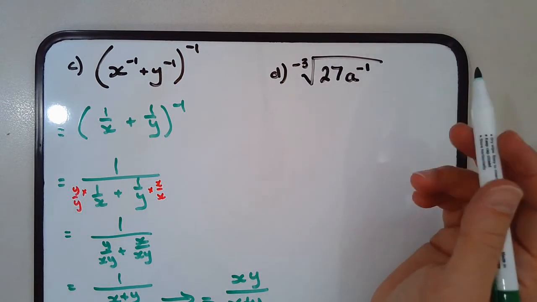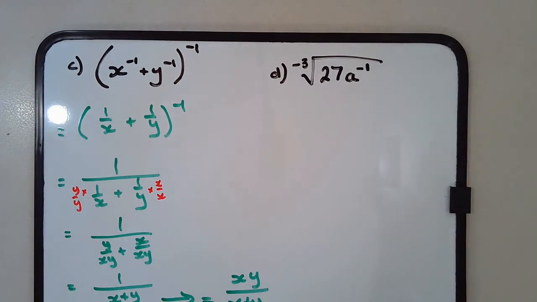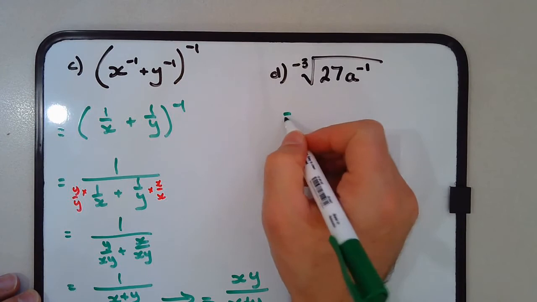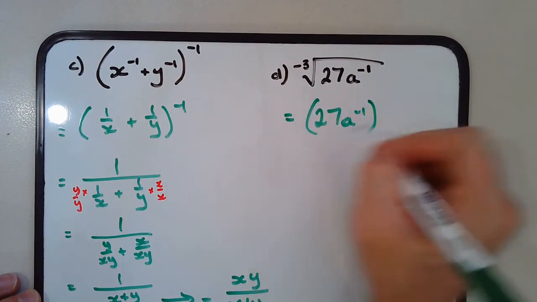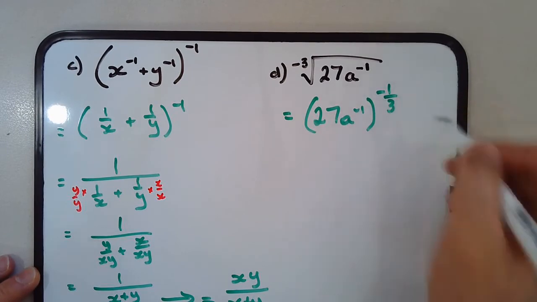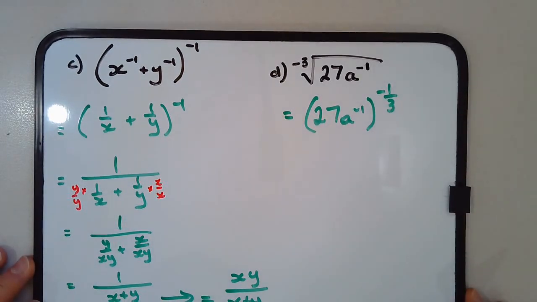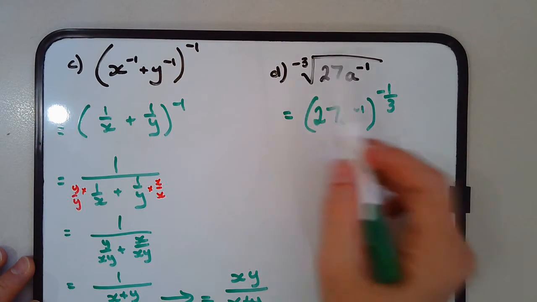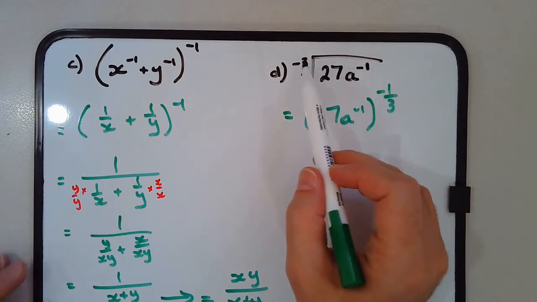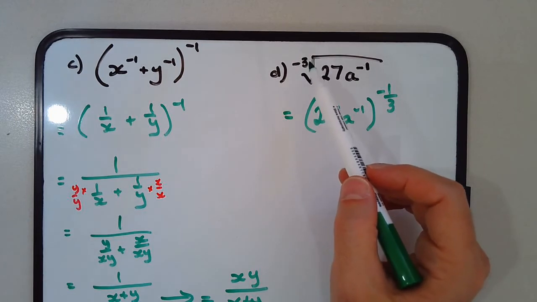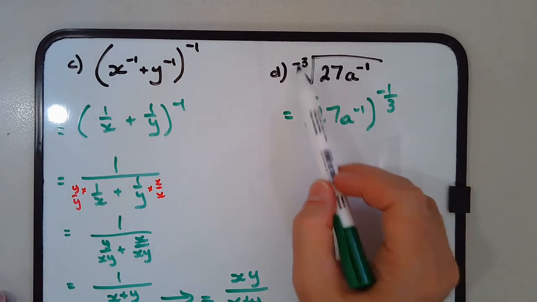And it means exactly that. It's just, rather than raising to the power of 1 on 3, you're raising to the power of -1 on 3. So this really could be written as 27a to the -1, all to the power of -1/3. Okay. So yes, it is possible to have this surd symbol, and the order of the root, whether it's a third, fourth, fifth, can be a negative number.